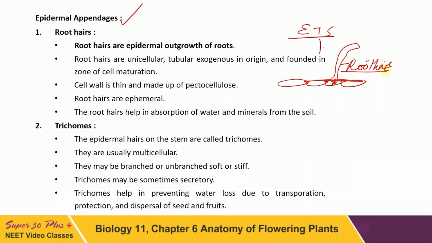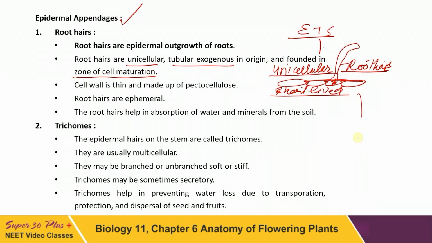In the case of root, the hairs are epidermal growths. These are always unicellular and short-lived, and they increase the surface area for water absorption. Root hairs are unicellular, tubular, exogenous, found in the zone of maturation.